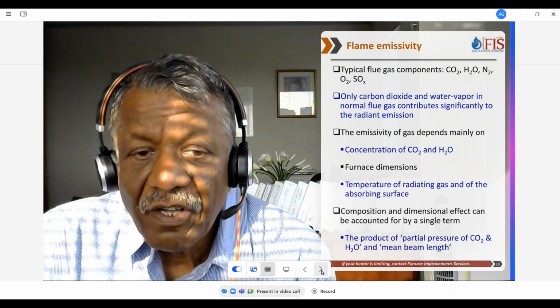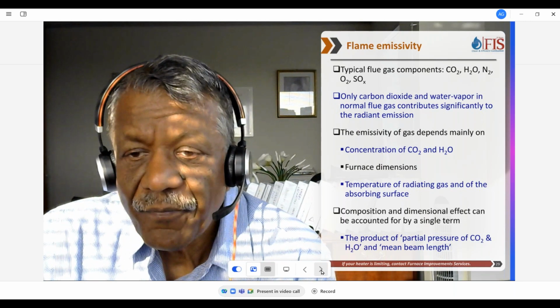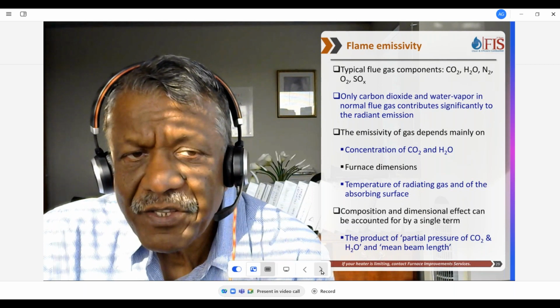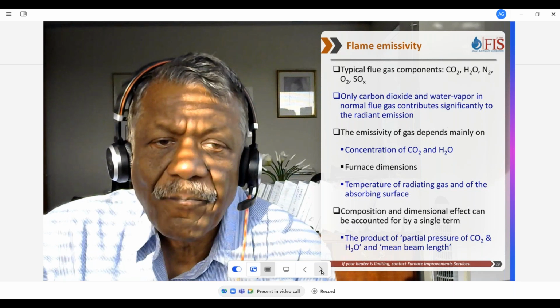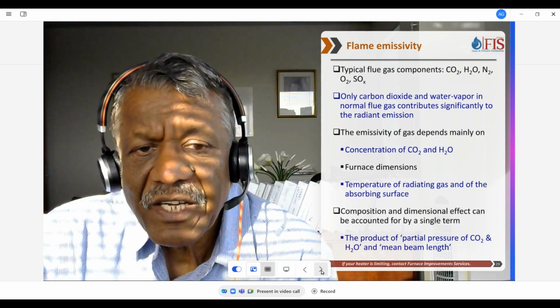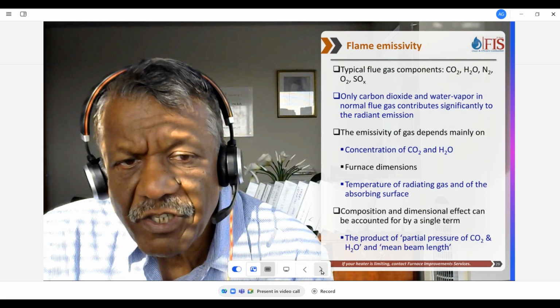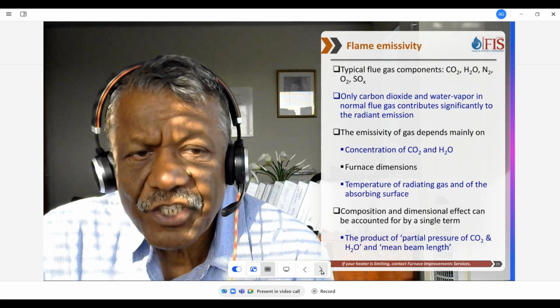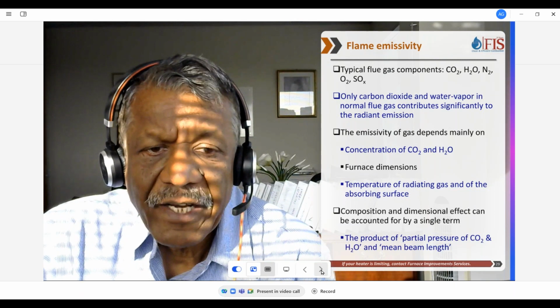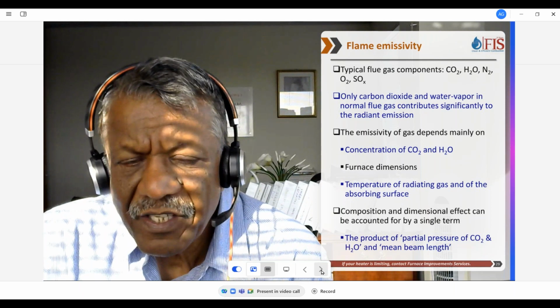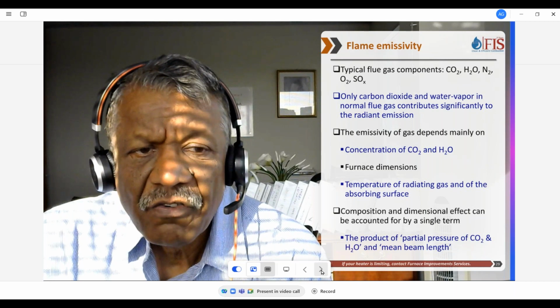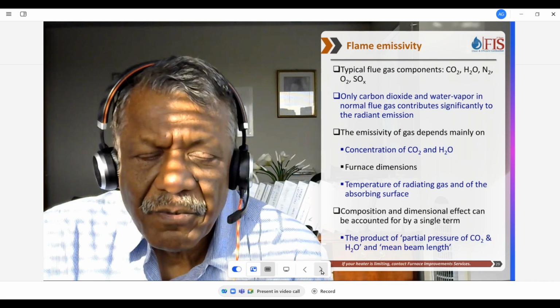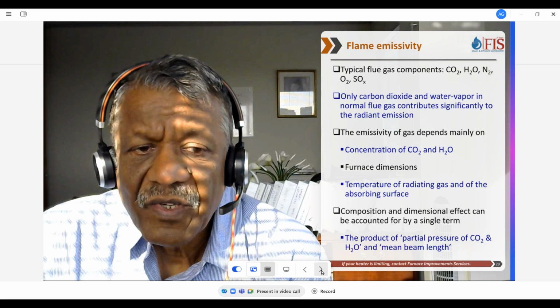I mean, when we talk about flame radiation, it's basically the two components in the flue gases which are radiating. So this emissivity of the gas, what Lobo found out, was dependent on concentration of CO2 and H2O, which is basically nothing but a partial pressure of CO2 and water vapor, then furnace dimensions, and temperature of radiant gas and the absorbing surface.